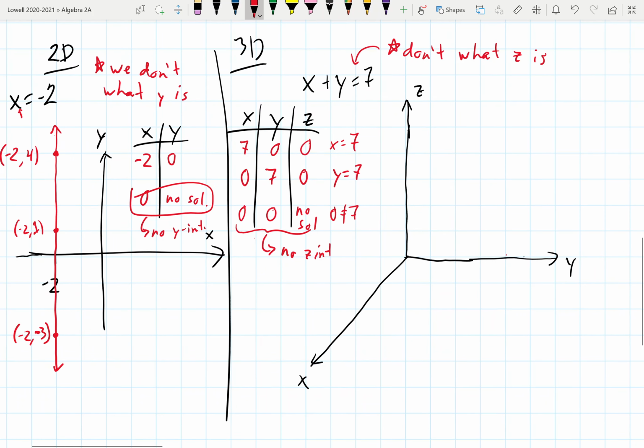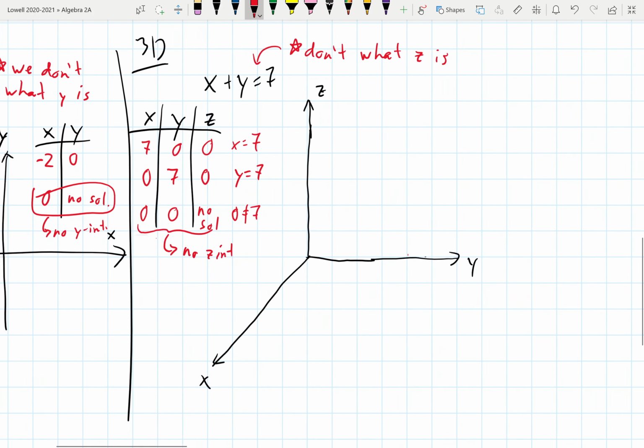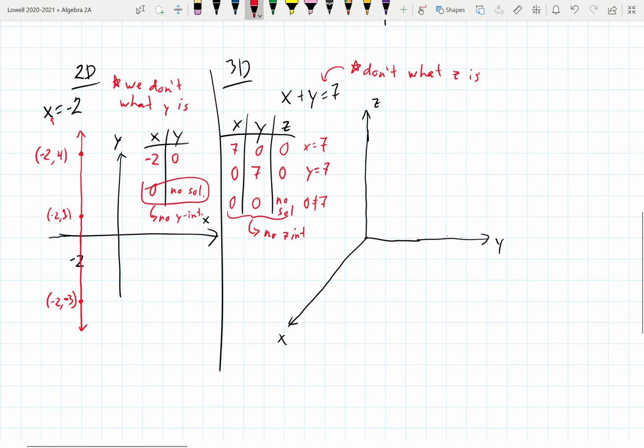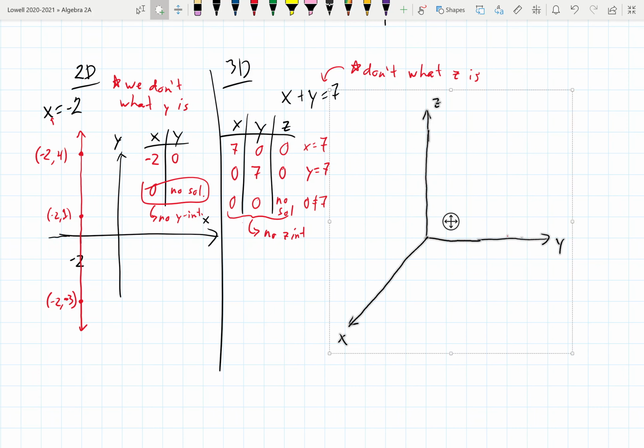Okay, so let's actually graph this now based on what we know. Sorry, I'm going to move this over just a bit. Alrighty, so now that I have this, I can plot my intercepts, and I'm not going to make it too fancy. I'll just do it right here. That'll be 7, that'll be 7.